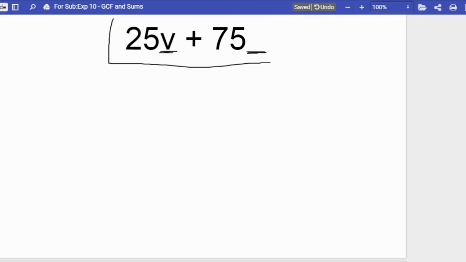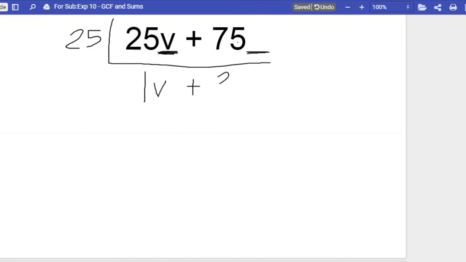Okay, let's look at another one. Feel free to write this on your whiteboard and do it with me. So I make my ladder. I look at my variables first. I have a v here, but I have no variables here.